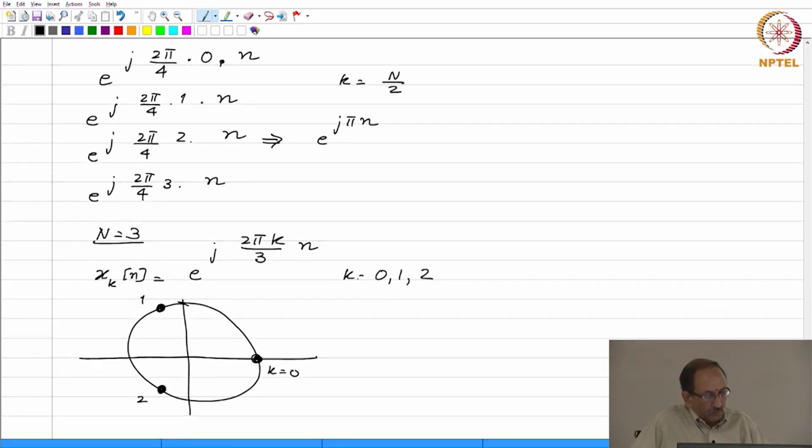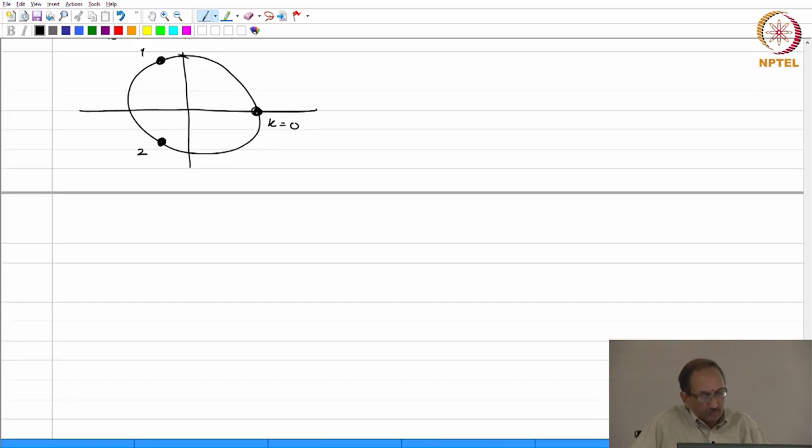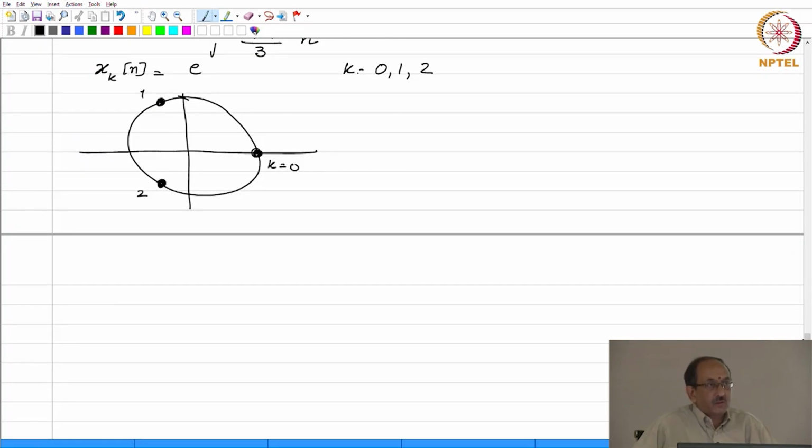So, remember, when N is odd, what is the closest integer that gets you to pi? What value of k gets you a frequency that is closest to pi? N minus 1 by 2. So, k equal to N minus 1 by 2 produces a signal whose frequency is closest to pi. The other value of k that will also produce something that is closest to pi will be N plus 1 by 2, and what will be the actual frequency?